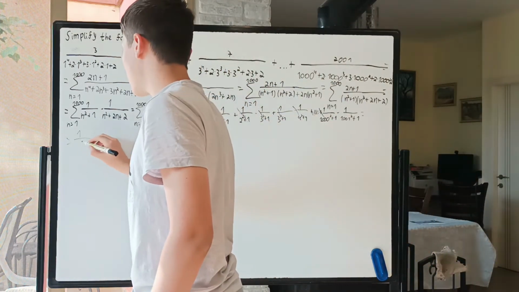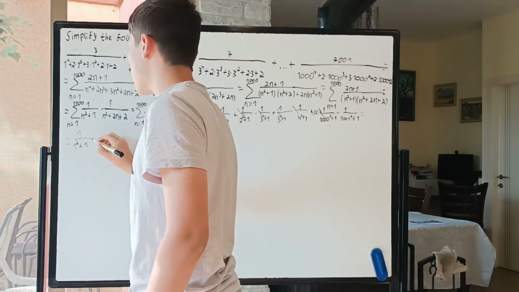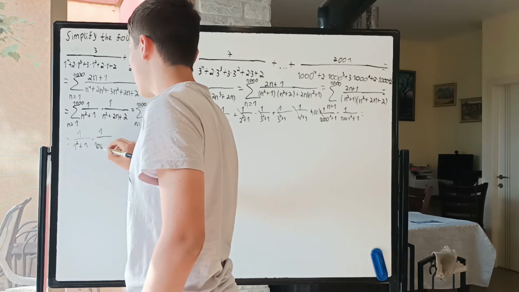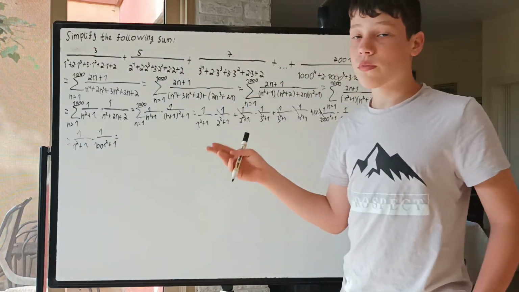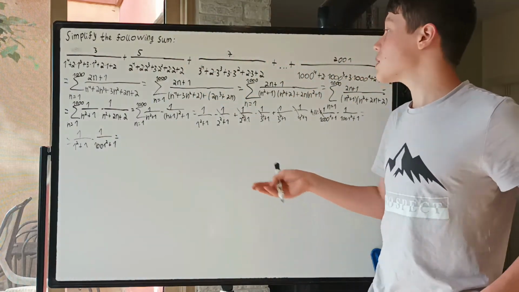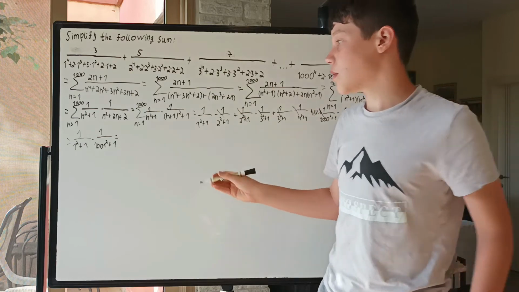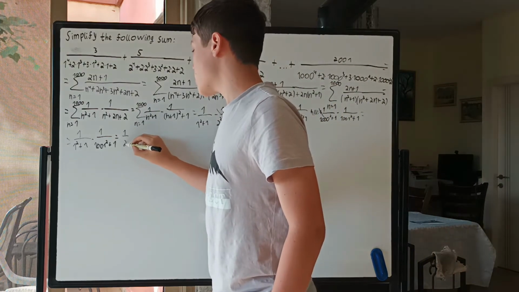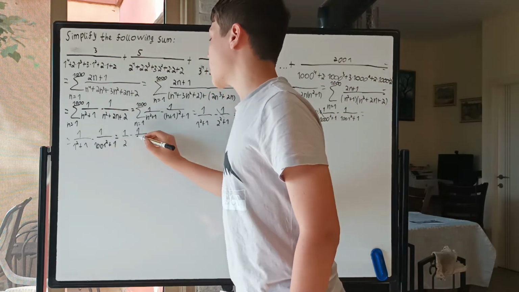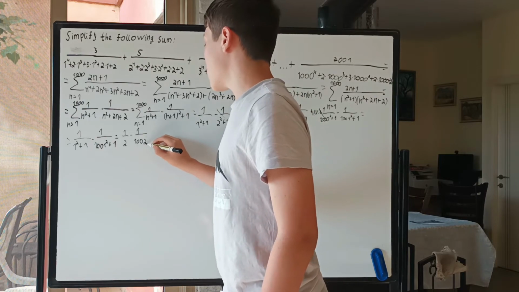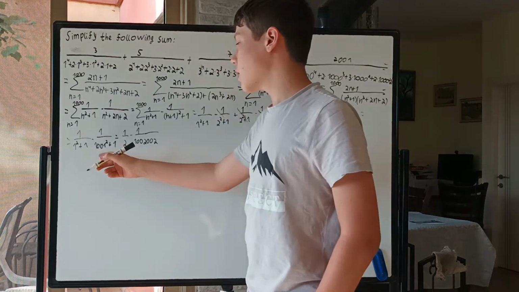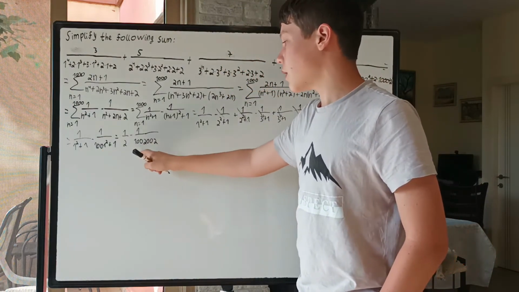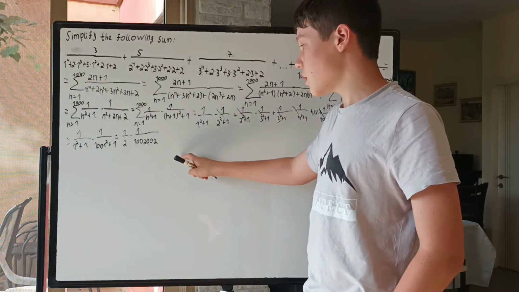So all this is 1 over 1 squared plus 1 minus 1 over 1001 squared plus 1. Now we still need to combine those fractions and simplify, but at least now it's much easier than what we had at the start. So this is 1 over 2. Now after evaluating this, you can think a little bit about why 1001 squared is 1,002,001.